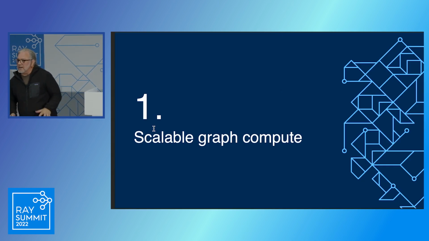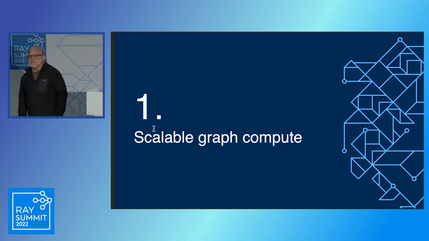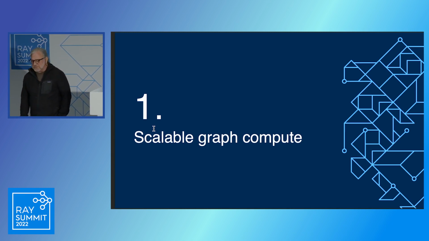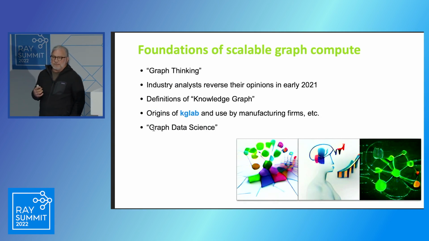So first off, I want to try to describe a bit about what we mean by graph, because in practice, graph has a lot of definitions, and perhaps the scope of what's being done by customers here is a little bit different. So I'll talk about a few things here. One is the notion of graph thinking. And we've got some other talks that go into this in much more detail, some other videos and whatnot.